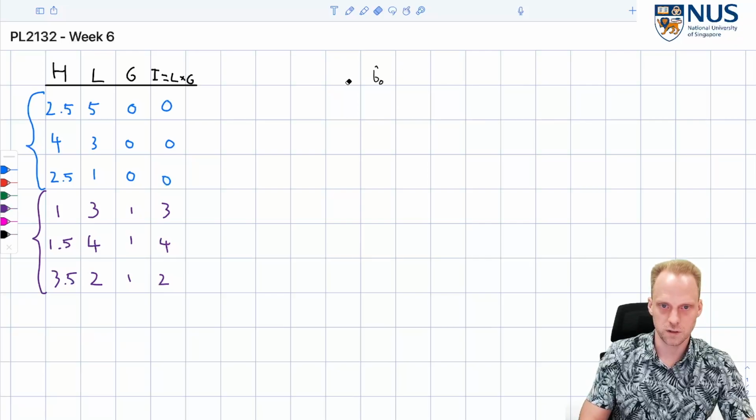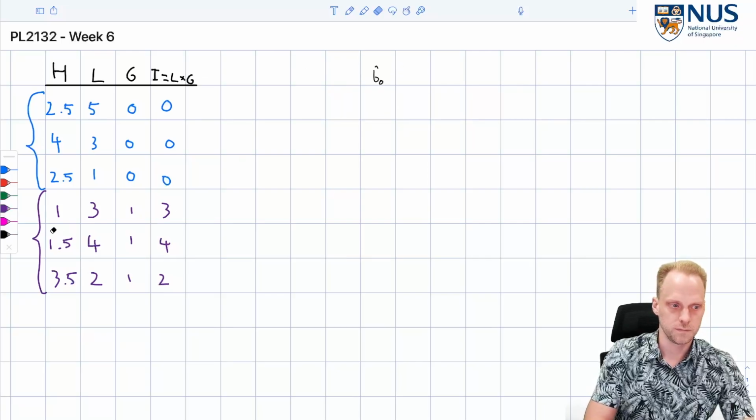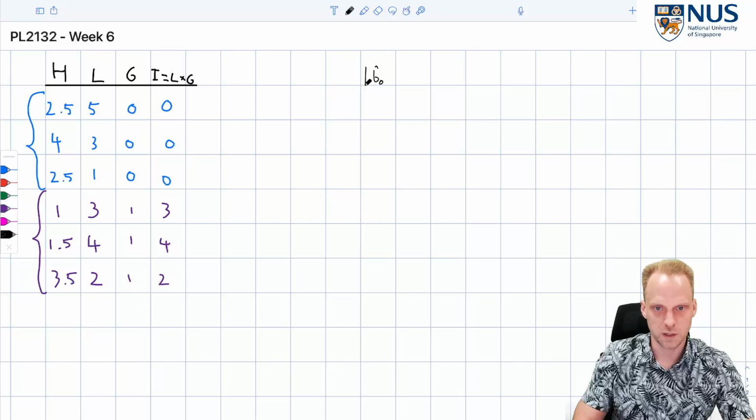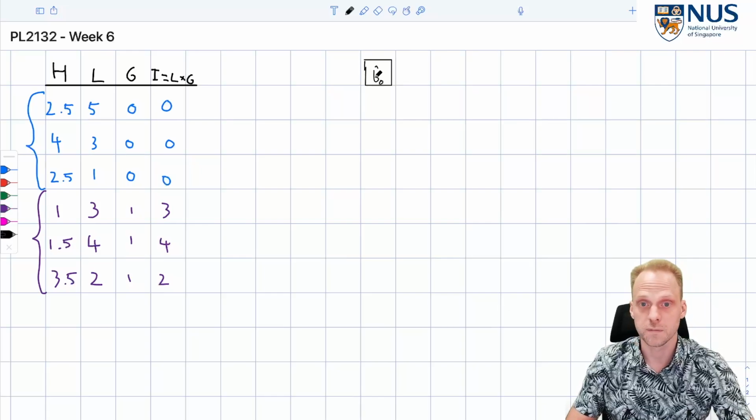So let's just describe this as B0 to keep things a bit easier. And I'll make a box out of it to show that this is one model that just includes this one effect.